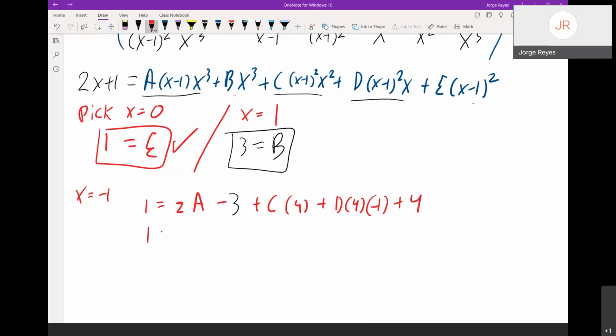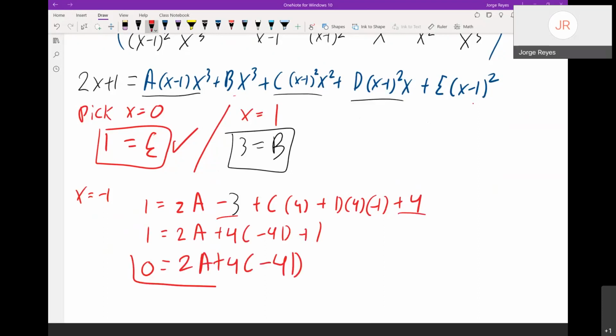So 1 equals 2A plus 4C, just kidding, minus 4D. And then this is actually 1, so I'm going to subtract 1 from both sides and get the actual equation. I'm going to box this in, so I need to save that one.